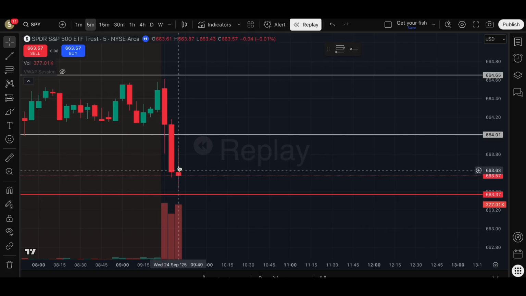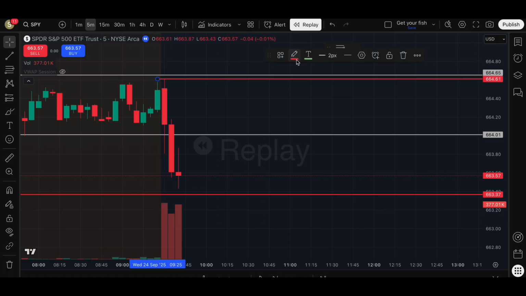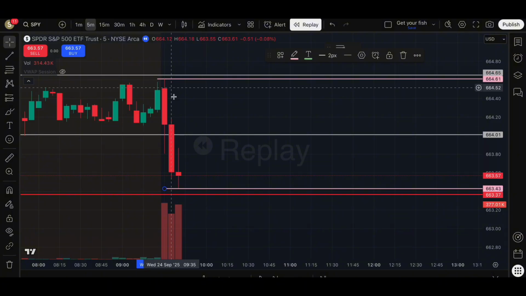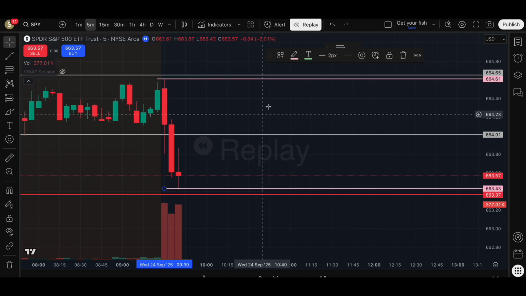So what we do with the 15-minute open range breakout is, first 15 minutes of market open, 9 to 9:05, 9:05 to 9:10, 9:10 to 9:15, you mark out the top and the bottom of the first 15 minutes of price action. And this is your opening range from here to here. That's your 15-minute opening range. So we got that set after the first 15 minutes of market open.